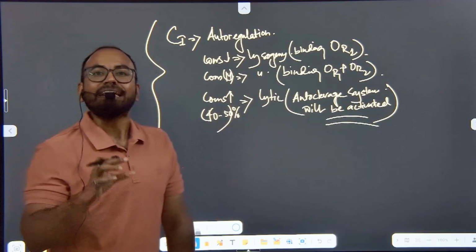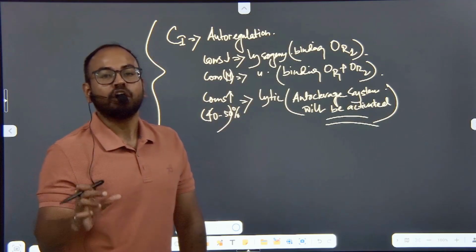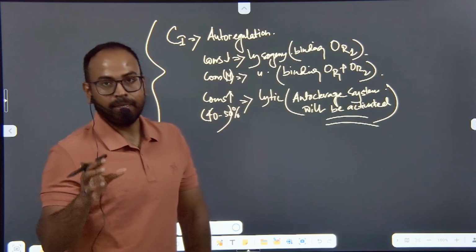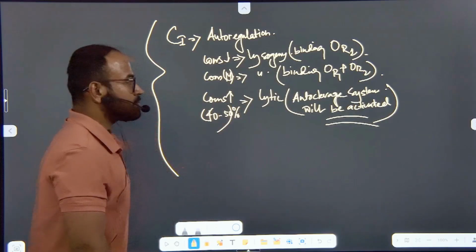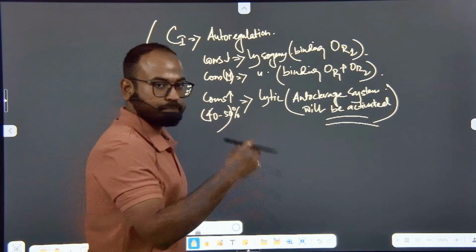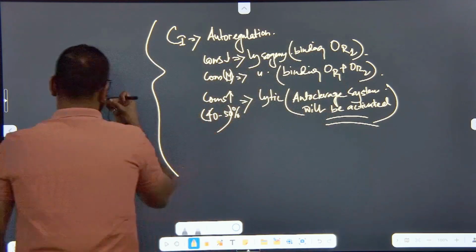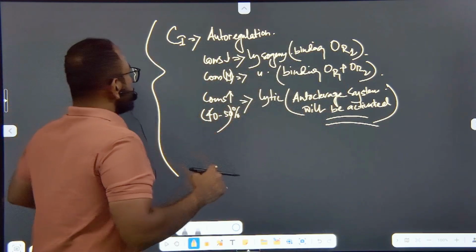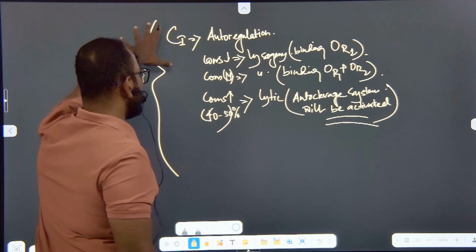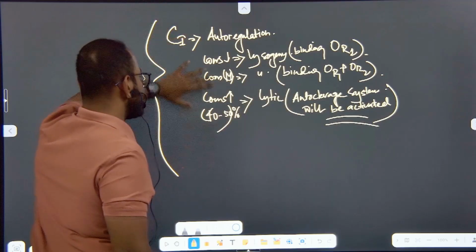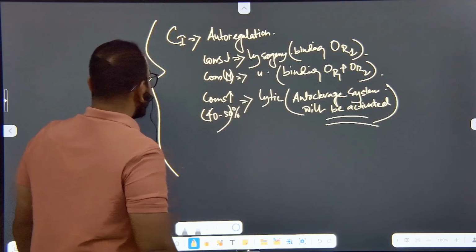That means integrase will initiate the process of recombination, forming prophage.